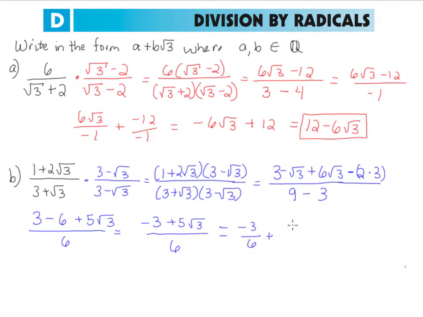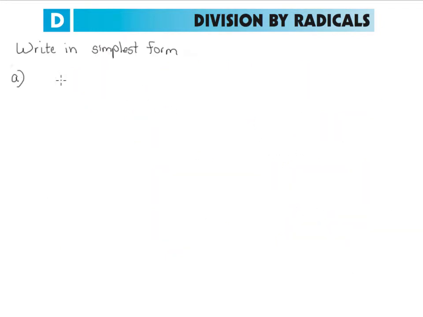So that's negative 3 divided by 6 plus 5 the square root of 3 over 6. Simplifying that first fraction and bringing that number out, then writing the radical, we now have this in the form a plus b times the square root of 3. For this next section, the instruction is going to be to write in simplest form.